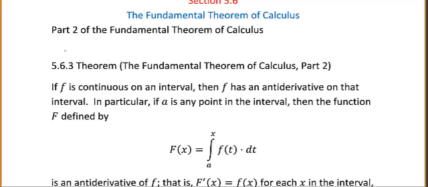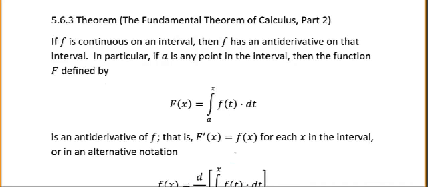It says that if f is continuous on an interval, then f has an antiderivative on that interval. And in particular, if a is in the interval on which f is continuous, then the function capital F defined this way, the integral from a to x of f of t dt, is an antiderivative of little f.